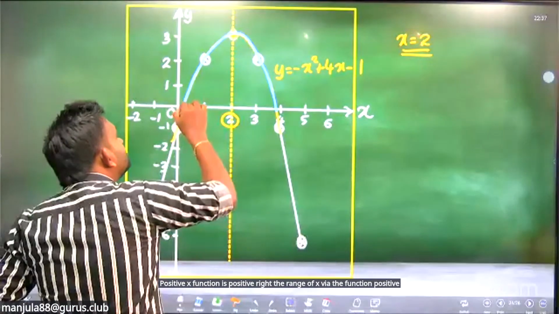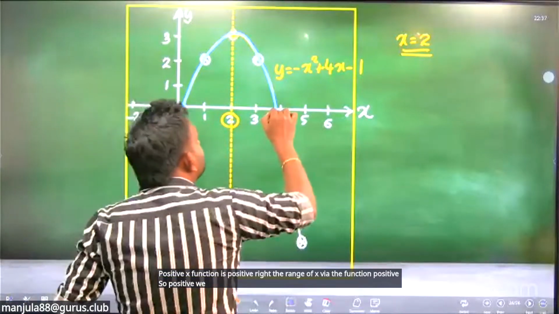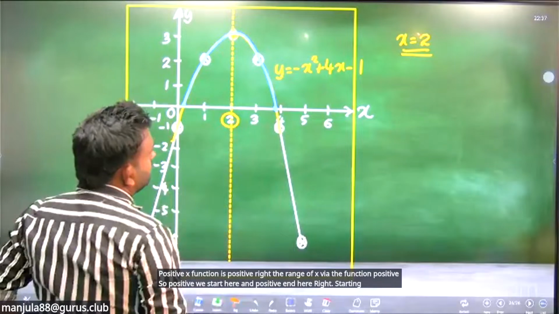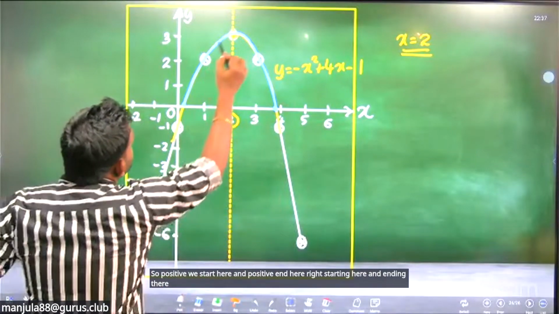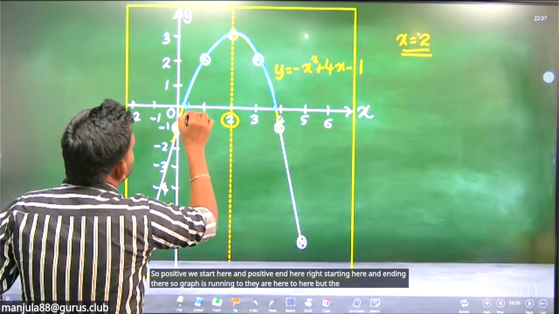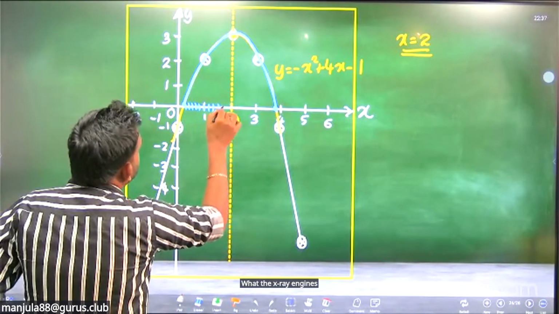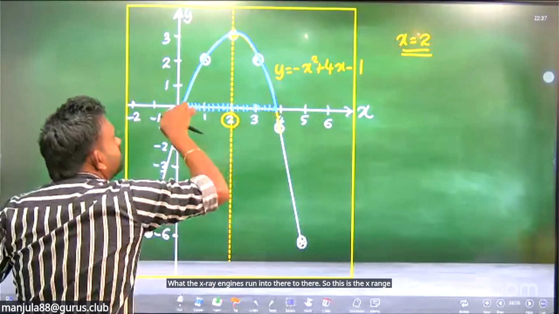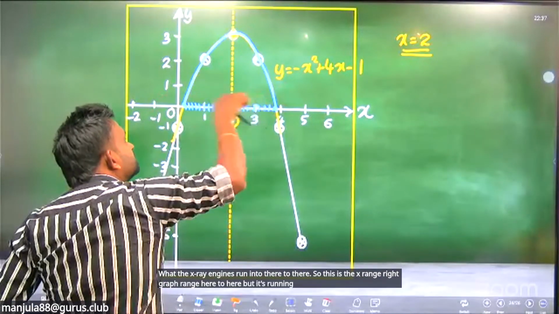So positive starts here and ends here, right? The graph is running from here to here, but the x range is running throughout the x-axis, from here to here.